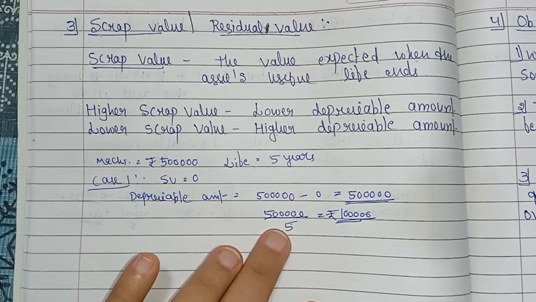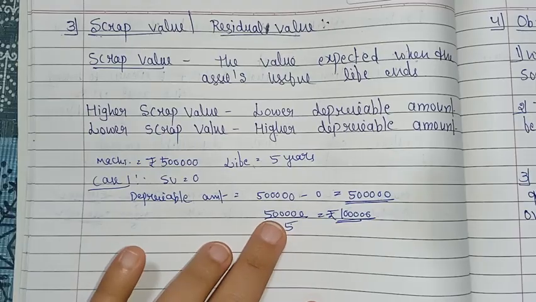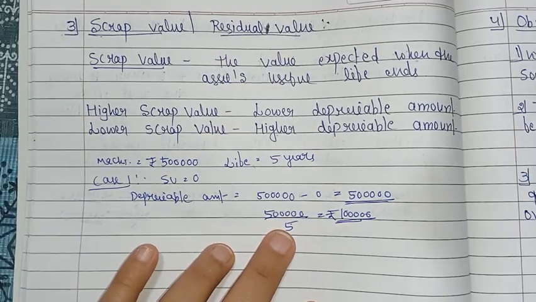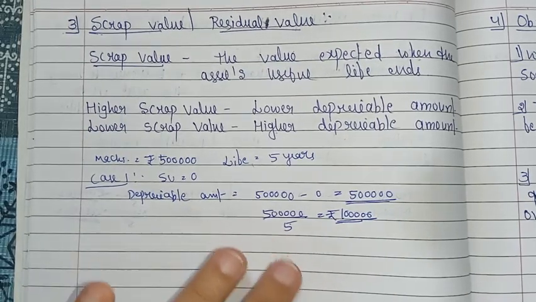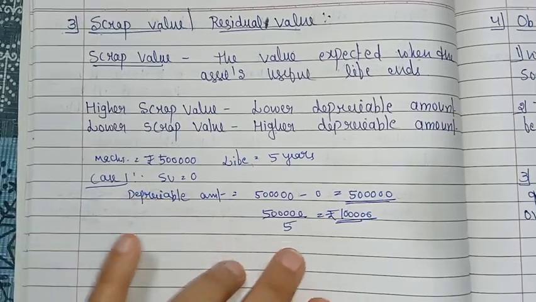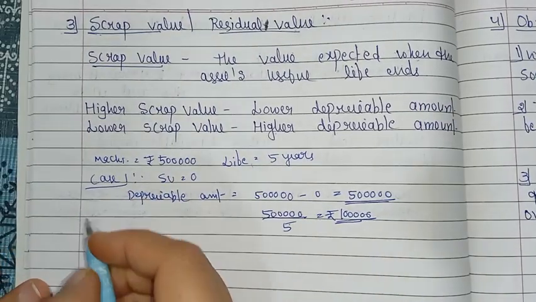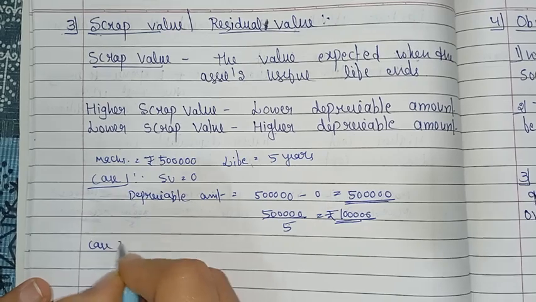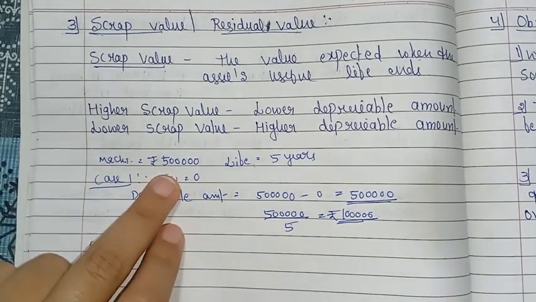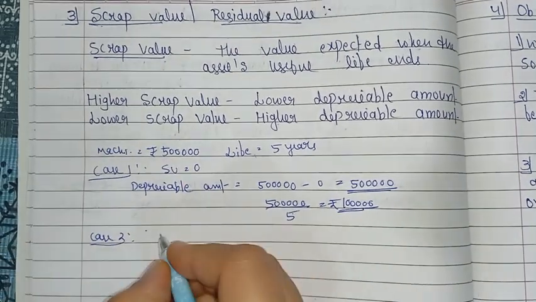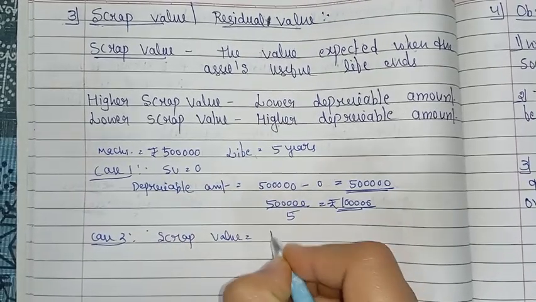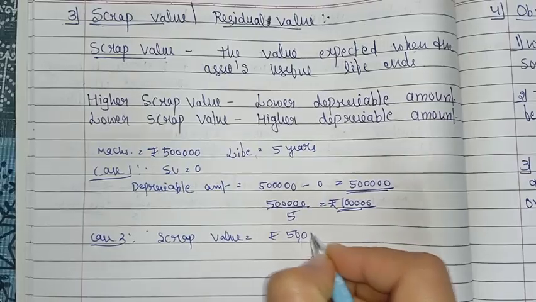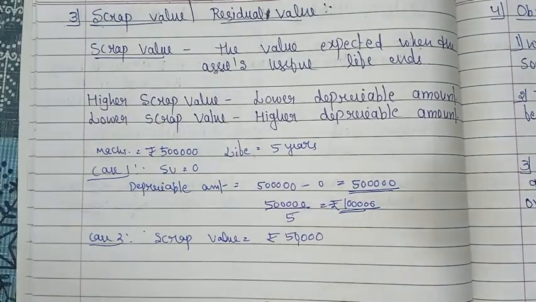Clear? So assume here we have followed the straight line method of depreciation. In the upcoming classes I will explain the methods of depreciation. Clear? So this is case 1, and case 2: machine cost is the same, 5 lakh, but here scrap value is rupees 50,000.